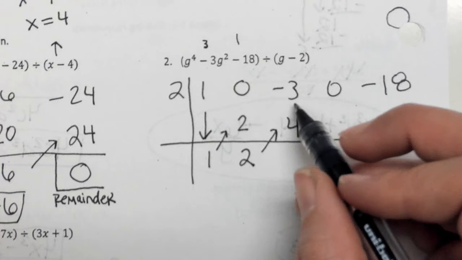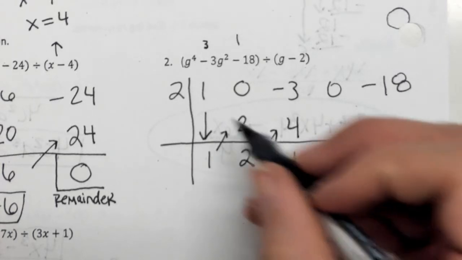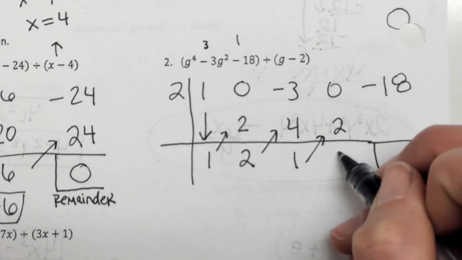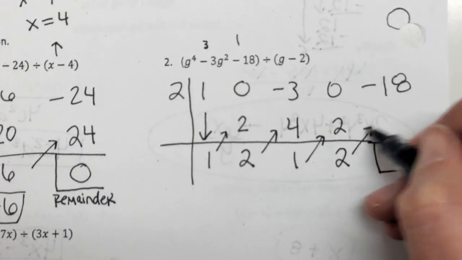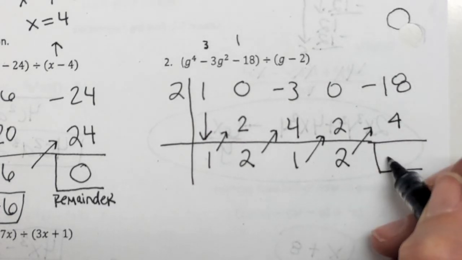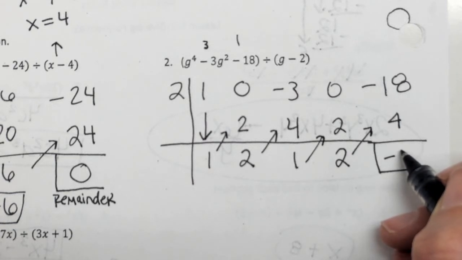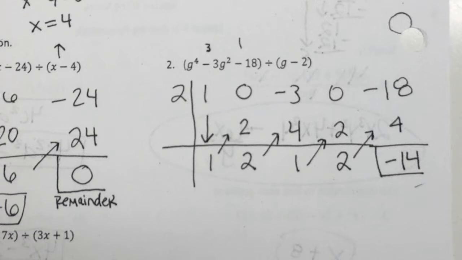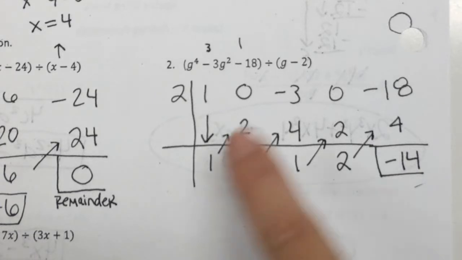What's 4 plus negative 3? 1. What's 2 times 1? What goes here? What goes here? What goes here? Good. So this time we do have a remainder. Questions about this part?